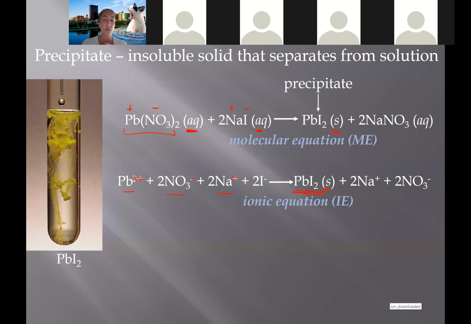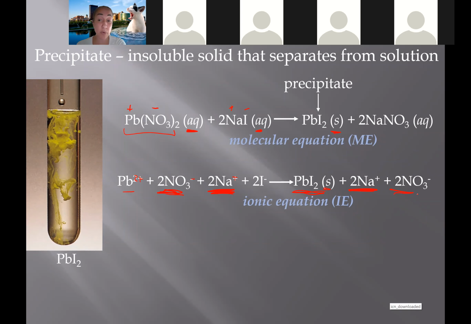Can someone tell me what those things are? 2Na plus. Right, so if you see here, there's a 2Na plus right here on the left, and there's also a 2Na plus right here on the right. What else is the same on both sides? The nitrate. The nitrate, exactly.